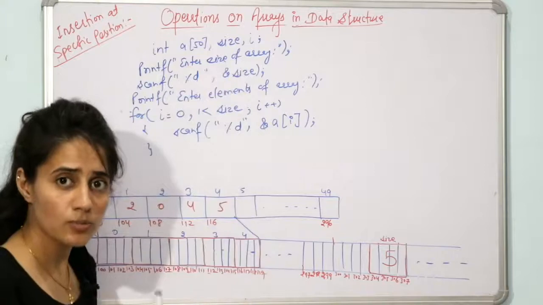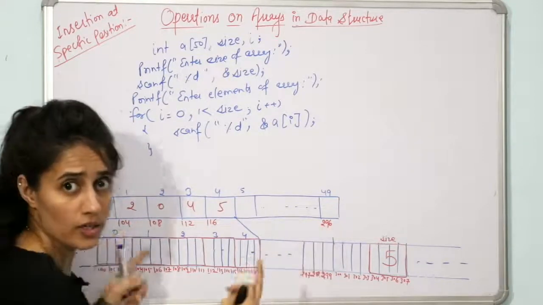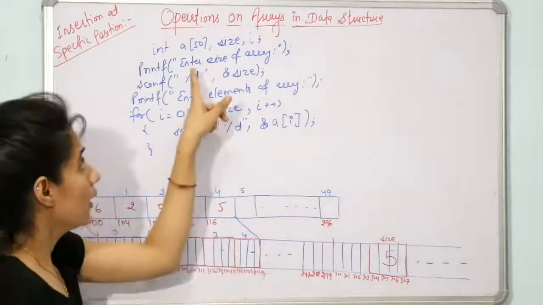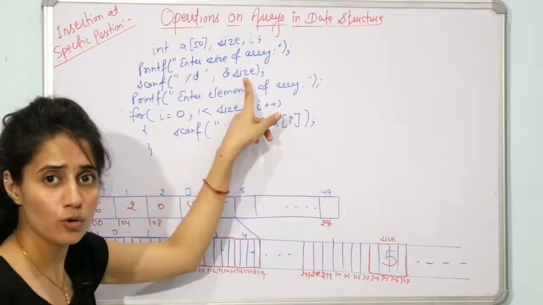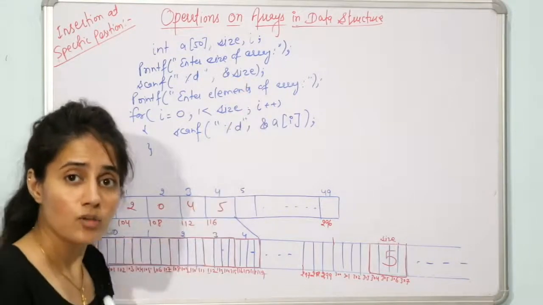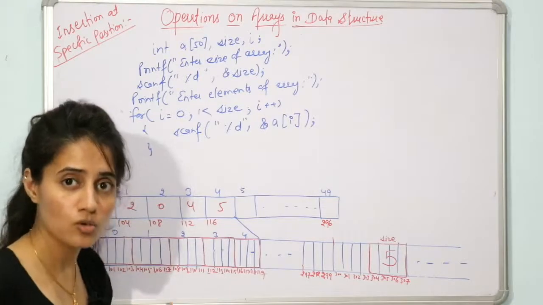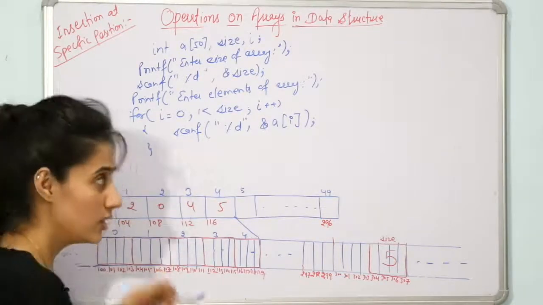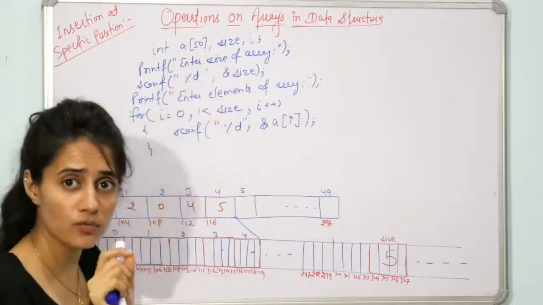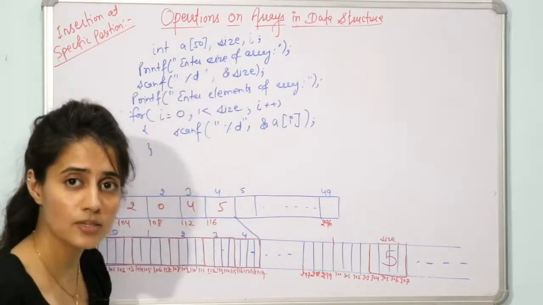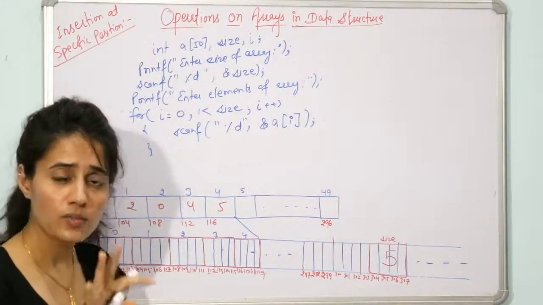Now the memory manager has allocated to you how many bytes? 200 bytes for storing 50 elements, and if you write here enter size of array, and if you enter the size 51 or you can say 60, then the user can insert 60 values also, but that is not actually correct, because initially how many bytes have been allocated? The space for storing only 50 elements. How can you store 60 elements? So there is no concept of bound checking in the array.